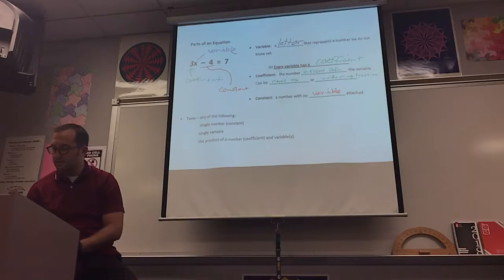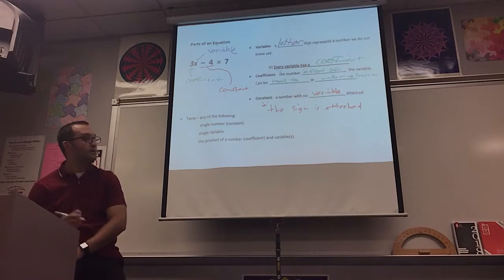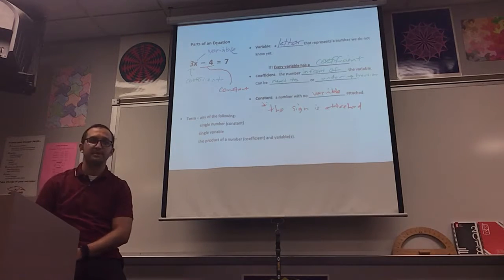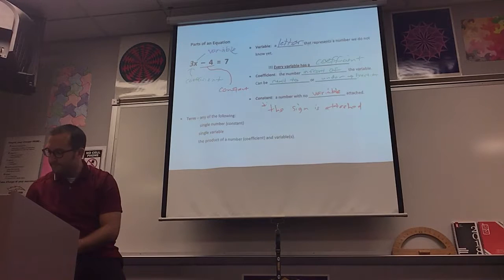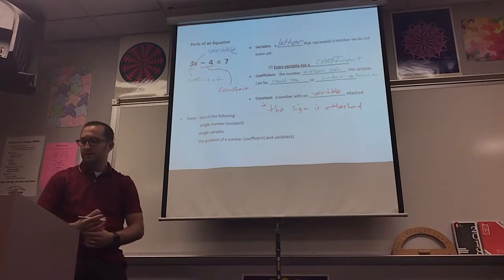Don't forget with the constant, the sign is attached. You all know my handwriting's bad because of my messed up thumb. My bum thumb. That's why you gotta listen, right?